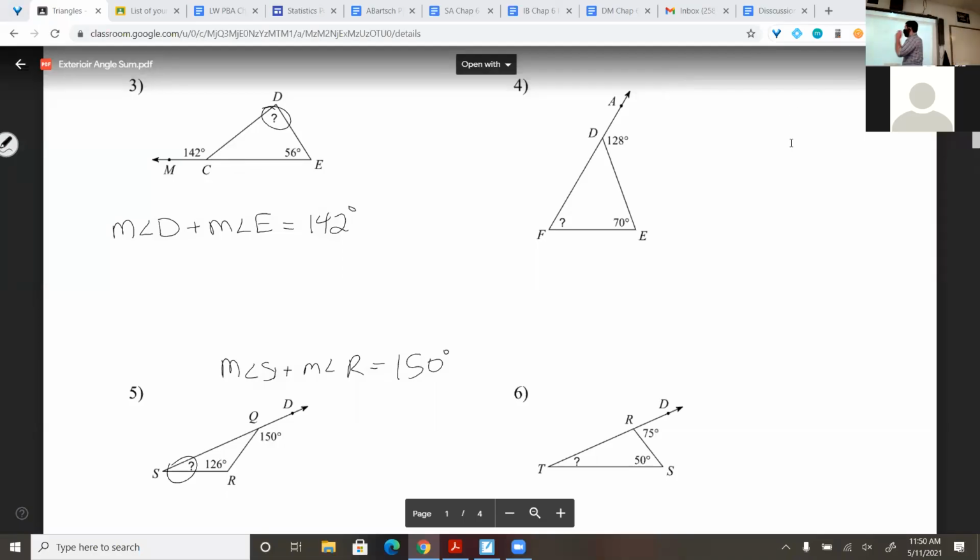All right, so to finish off 3 and 5, I don't know this, I know this, I know that. And so the missing degree mark would be 86 degrees.